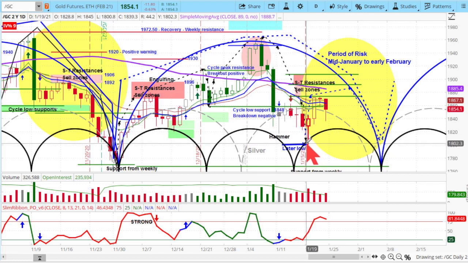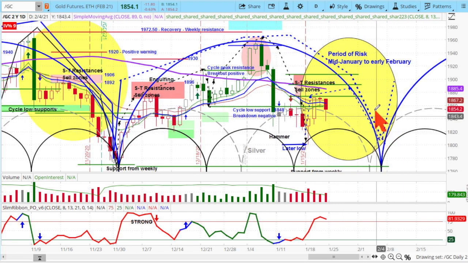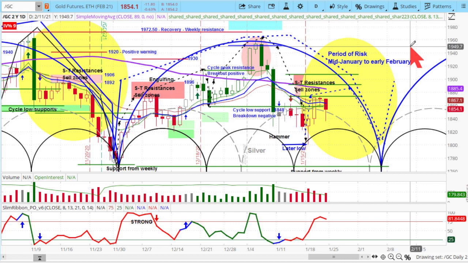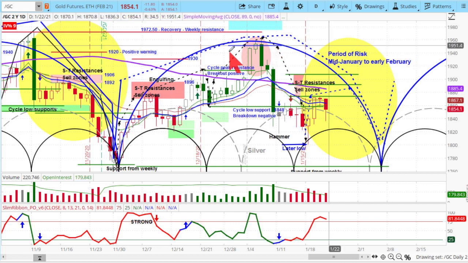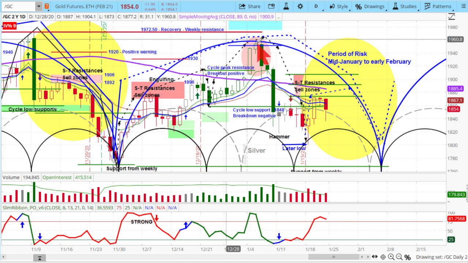We were concerned about that. It needs to hold above this over this next week and a half or 2 weeks in order to hold together so that it can have a big up move here and maybe a launch to get above that 1970-72 area right over here. That would be through the weekly resistance and the recovery level. So that's what it needs to do.